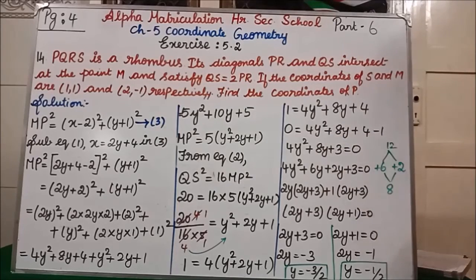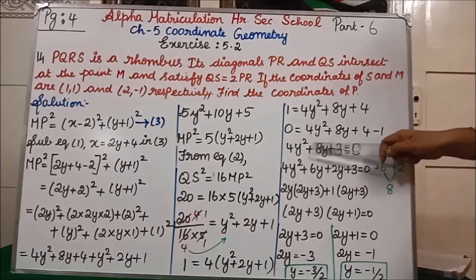Okay, so now see what are the possibilities of 12. 4 3s are 12. Then you write 4, 3. If we add them, will you get 8? No. Then what are the other possibilities of getting 12? 6 2s are 12. So 6 plus 2 we will get 8. Yes. So how are we going to write this? This 4y square you write as such.